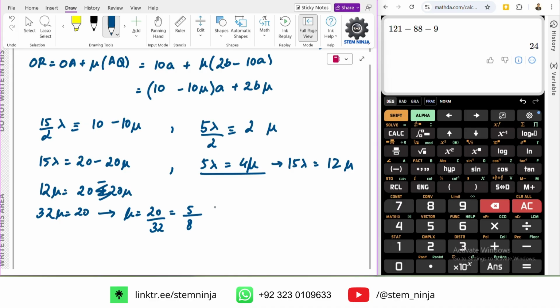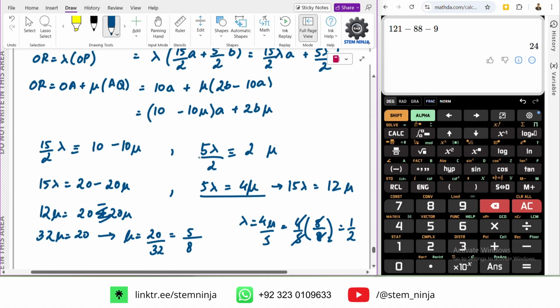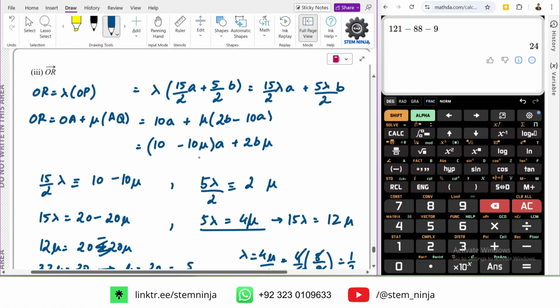Right, okay, so lambda would be 4 mu over 5, so 4 over 5 times 5 over 8, which is 1 over 2. Right, okay. So now it's up to us which way to use.